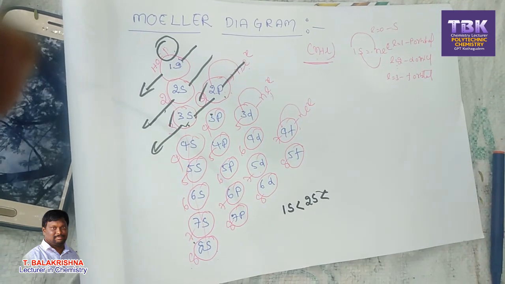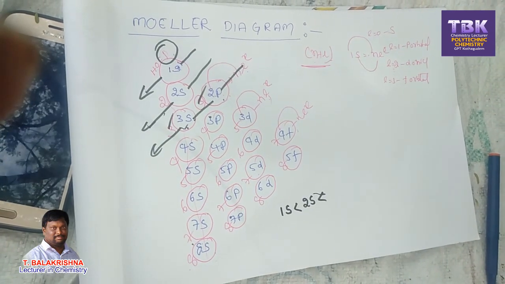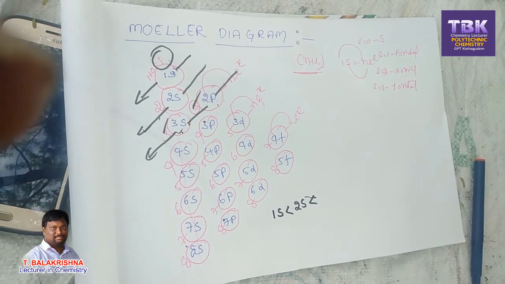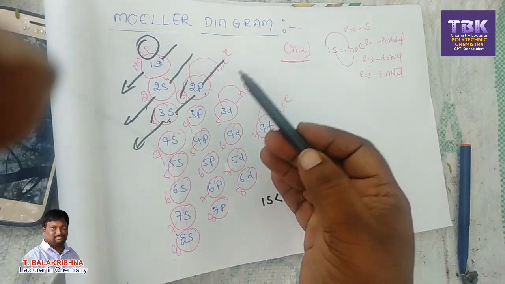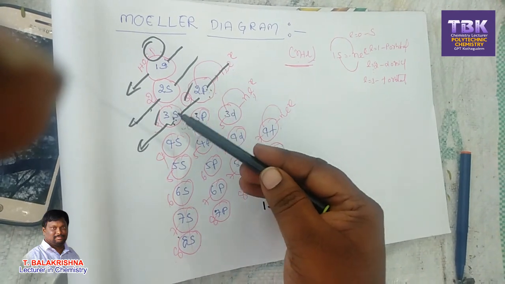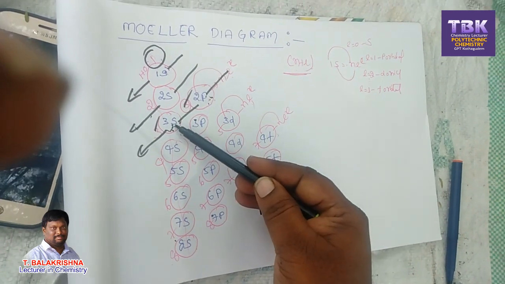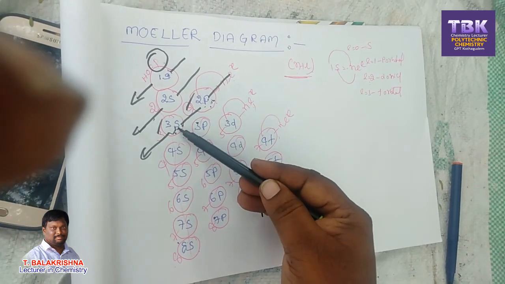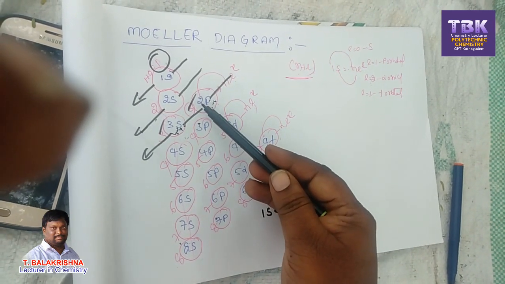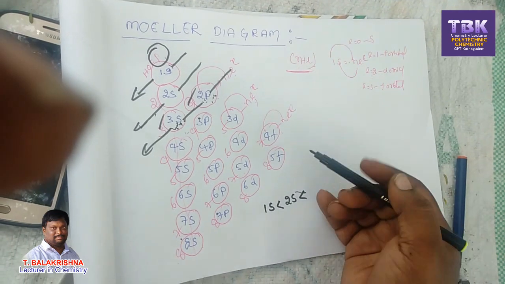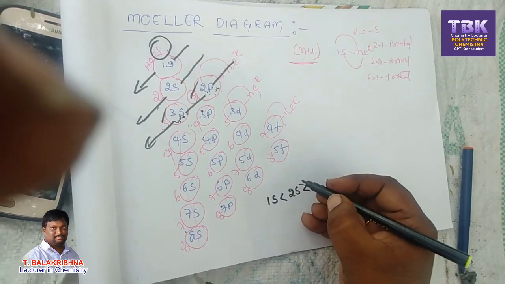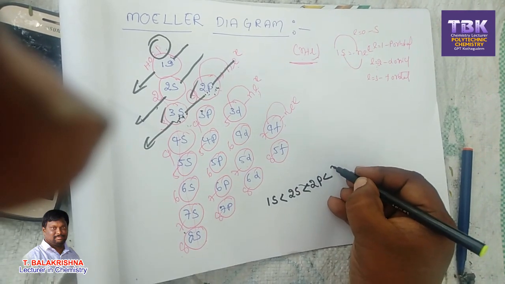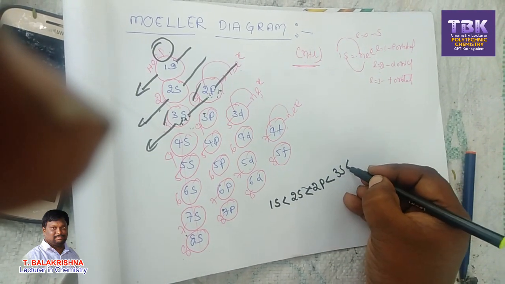The first condition says that a higher N plus L value means higher energy, and a lower N plus L value means lower energy. But both orbitals have the same value. So if you have the same N plus L value, you consider the N value: the lower N value is the lowest energy orbital. So 2p is lower energy than 3s. Is that clear?